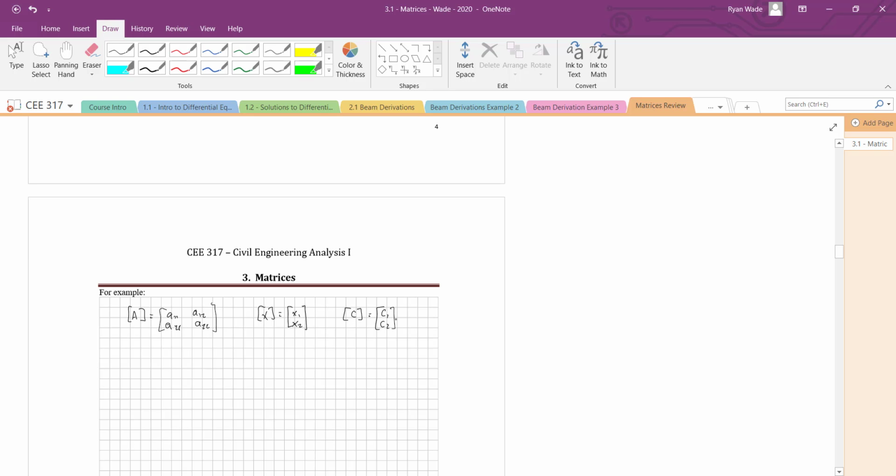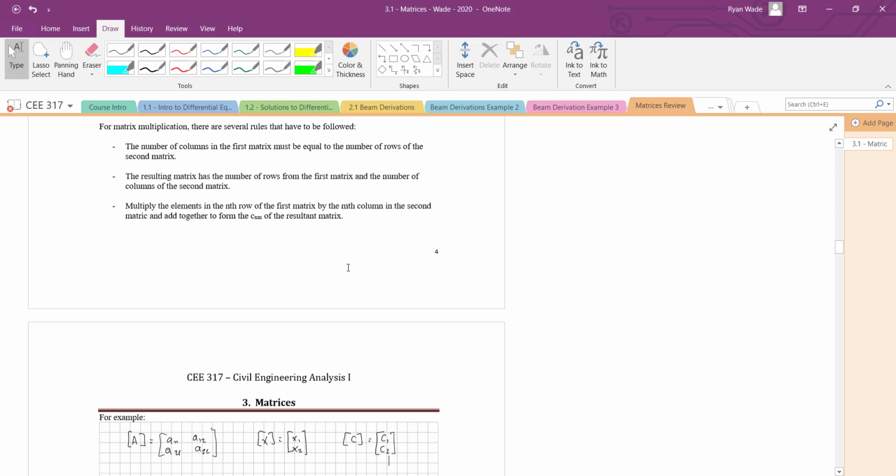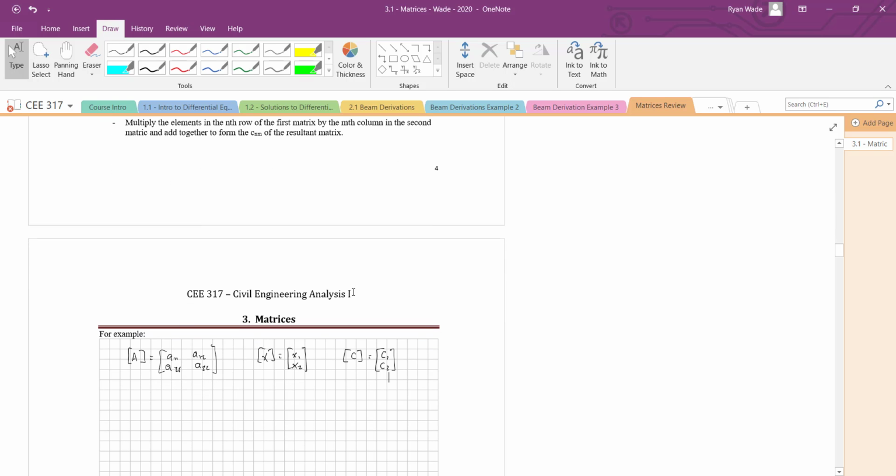We can multiply matrices if the number of columns in the first matrix is equal to the number of rows in the second matrix. So in this case, we have a 2 by 2. In this case, we have a 2 by 1. So these two numbers are equal, therefore I can multiply them together. What the resultant will be is going to be these two numbers. So the resultant matrix will be that.